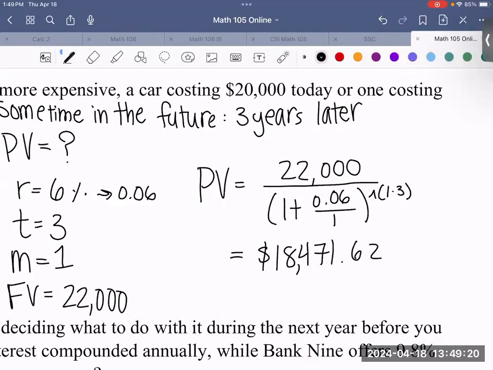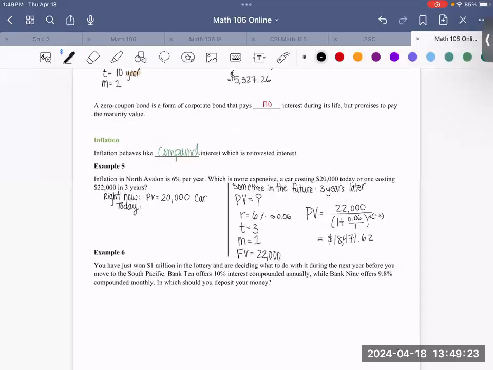Okay. So what our answer on this half means is that this is in the future, 3 years later. We're still buying the same exact car, same model, same everything, right? We're just working 3 years in the future.